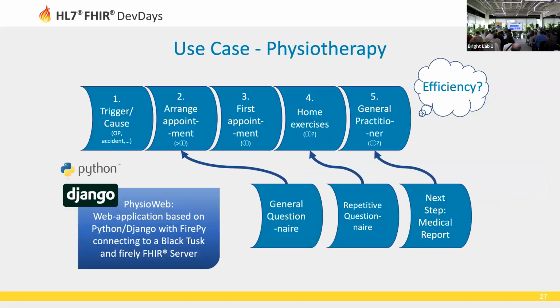So as you see, we had a really interesting idea, but we have to choose one because it's going to be too much. And we said, okay, we're going to make the physiotherapy. I would just briefly explain the workflow of the physiotherapy. We have a trigger, like in our case the knee problem, or any cause, and you have to arrange the appointment with your physiotherapist.